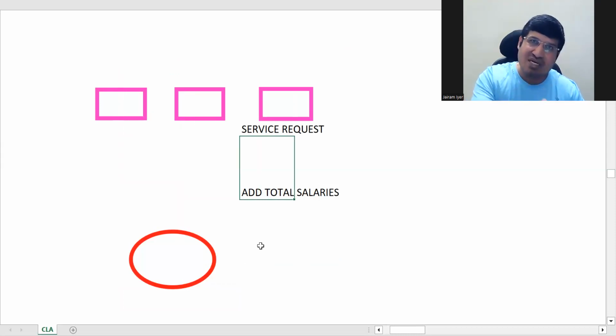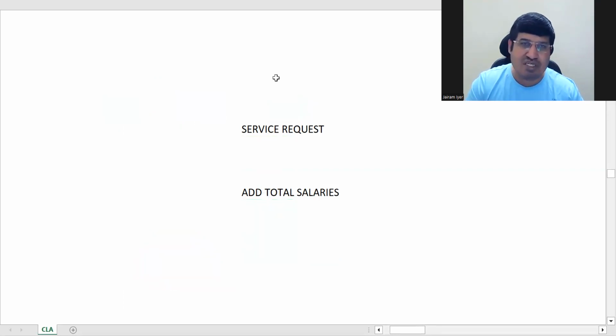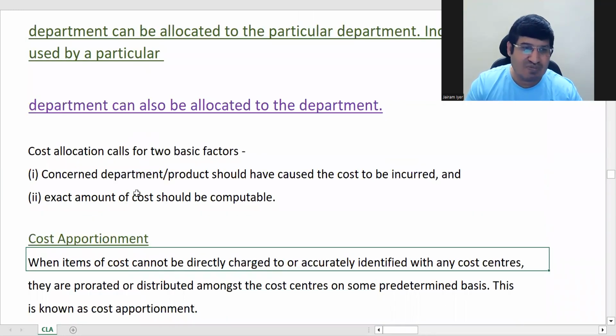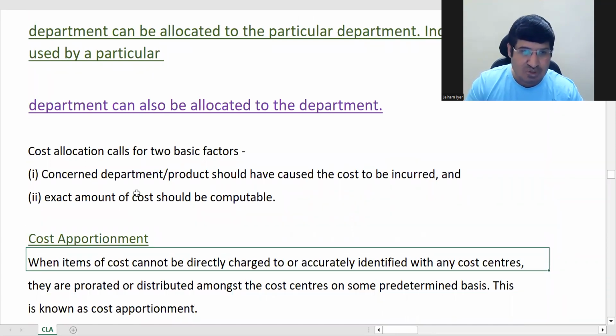I'm using something, deriving from it, and then splitting the amounts. That is called apportionment. So you can have 2 ways of distribution of cost. One is allocation, which we saw first, and the second is apportionment, which I just showed you.